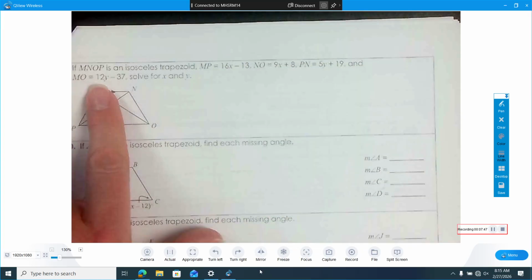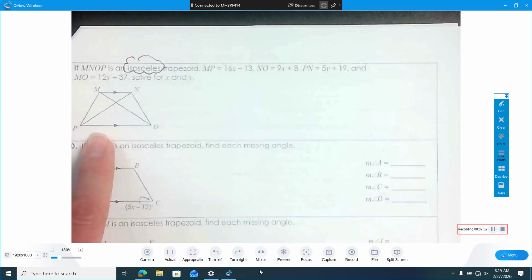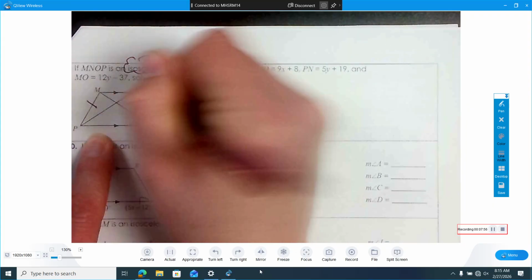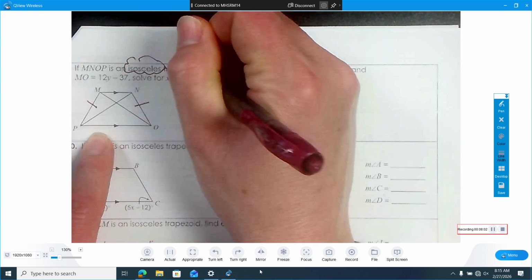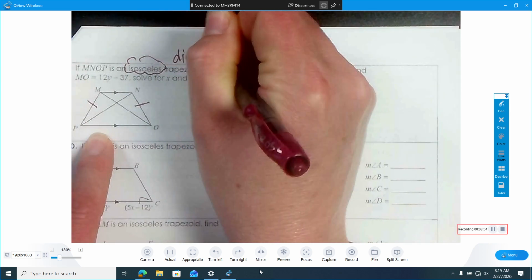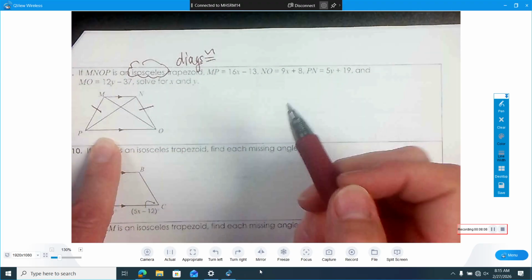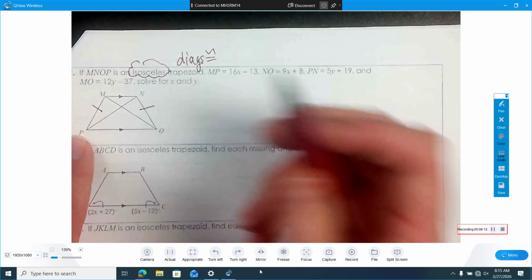Let's see. MNOP is an isosceles trapezoid. What do we know? Legs are congruent. Very good. What else do we know? Diagonals are congruent. All right. The legs are congruent. Diagonals are congruent. Okay. So what do we know here? MP is 16x minus 13.